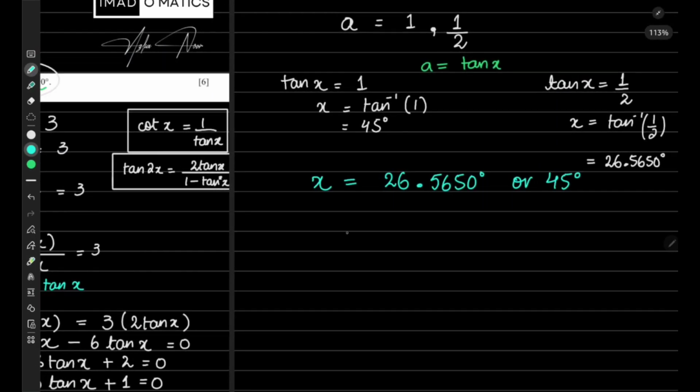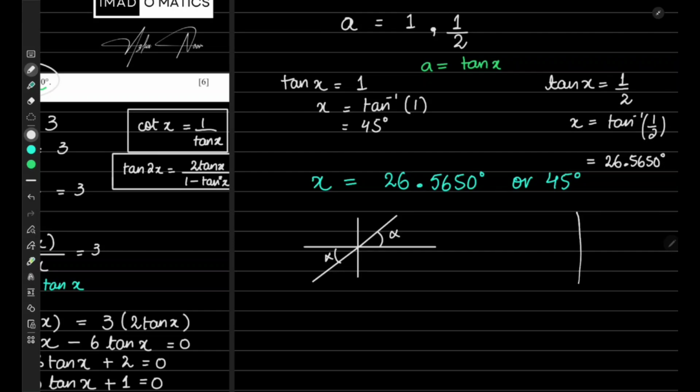Why are we only taking these two angles? Because tan x equals positive 1 and positive 1 over 2, we need to look only at the quadrants where tan is positive. Using ASTC, the angle must be in the first or in the third quadrant.